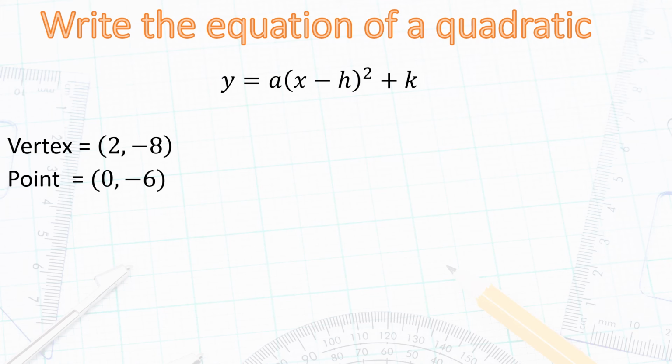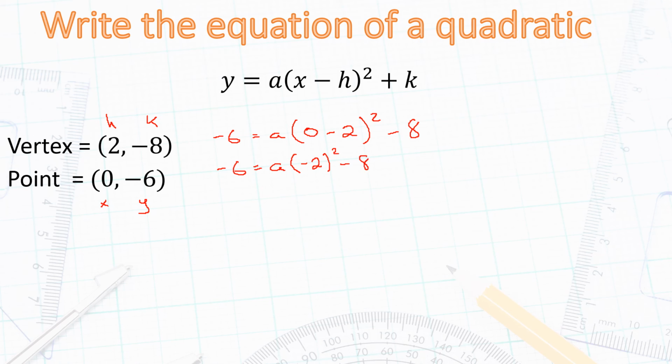Okay, so we've got h, k, x, y, what we know. y is -6 equals a times x is 0, h is 2 squared, and then minus 8. So -6 equals a times -2 squared minus 8.